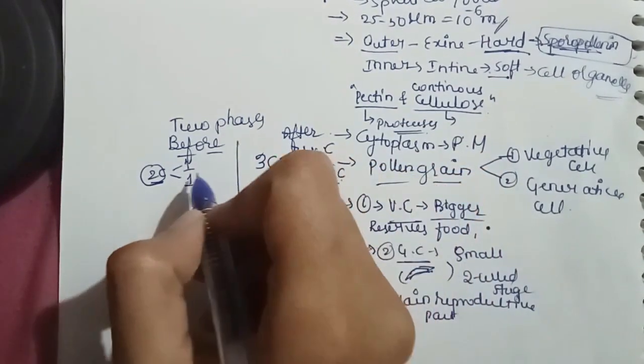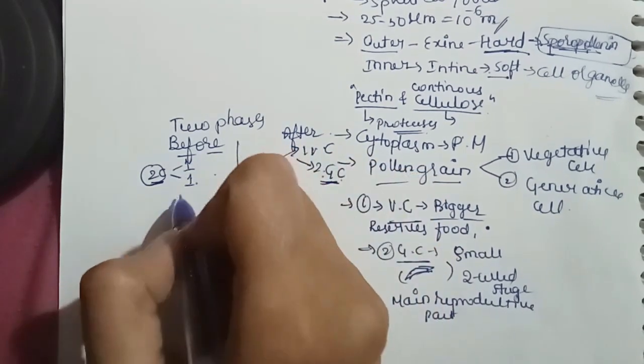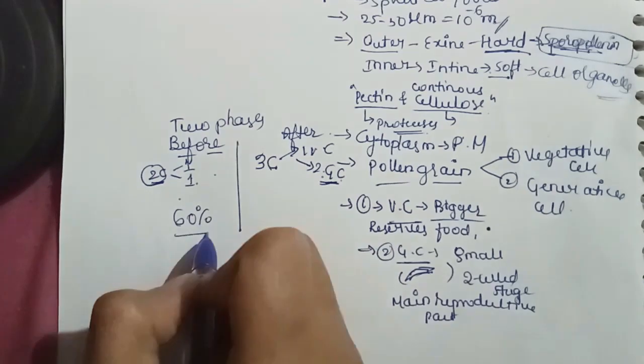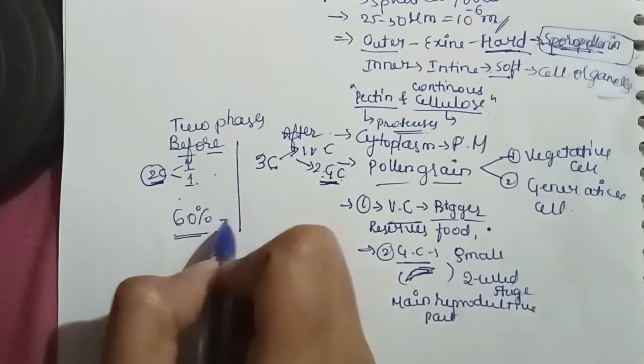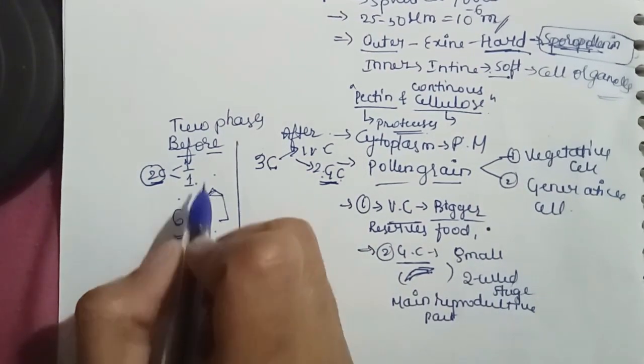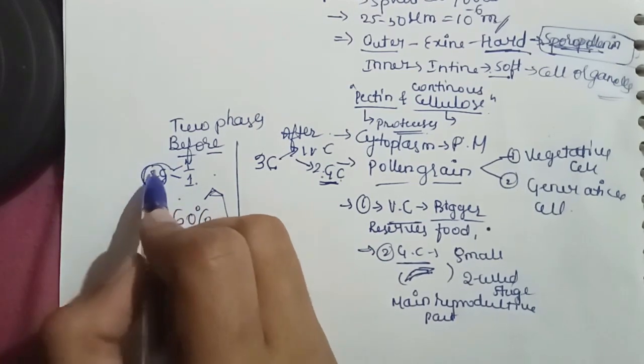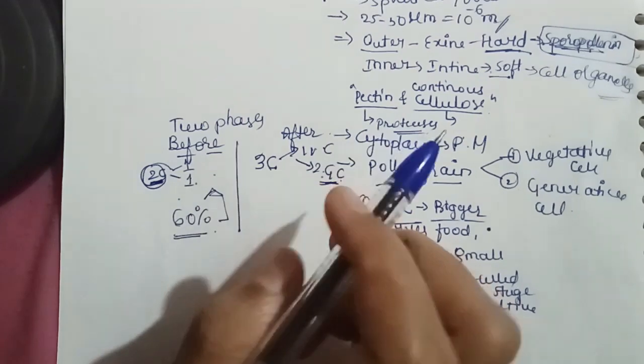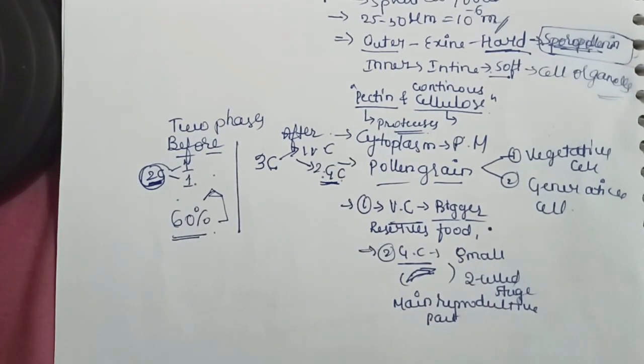So such stages we call two-celled and three-celled. Why? Because 60% of angiosperms, that is flowering plants, undergo this two-celled stage. Before maturation there will be a two-celled stage, one generative part and one vegetative part. So this is all about the structure of pollen grains.